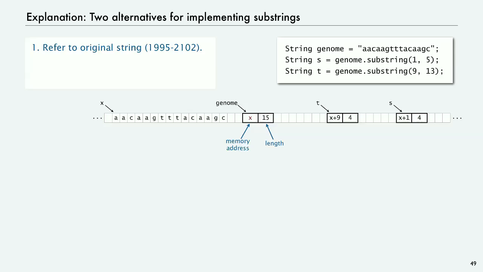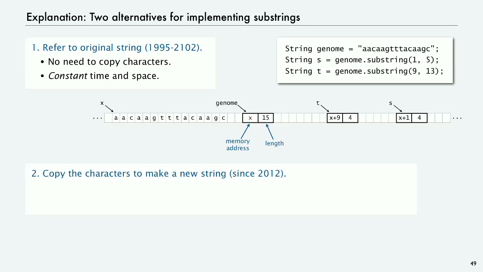And then the substrings could just be different addresses within that original string. So there's no need when you take a substring to copy any characters. It's just a matter of saving away those indices, which can be computed in constant time and also take constant space, just a pointer and a length. That's the way that Java strings were designed for the first couple of decades.